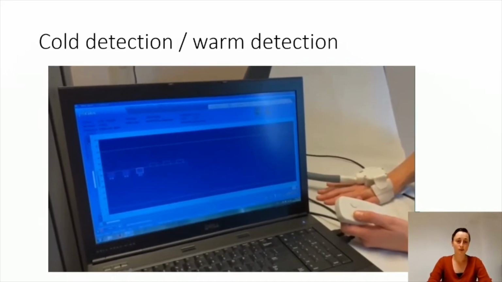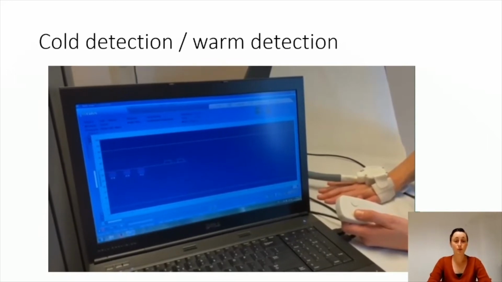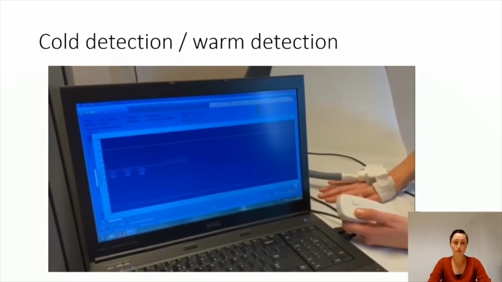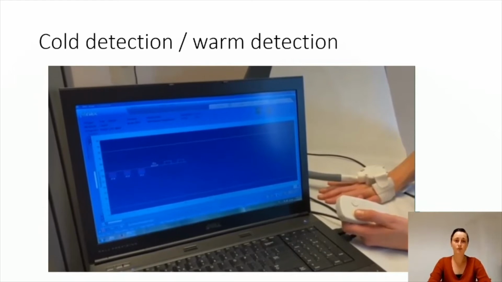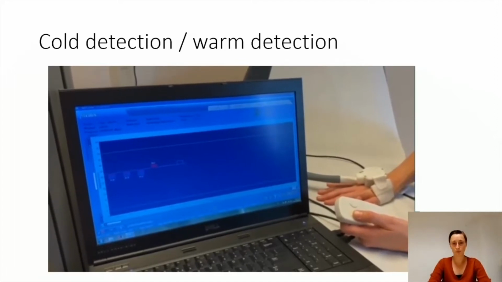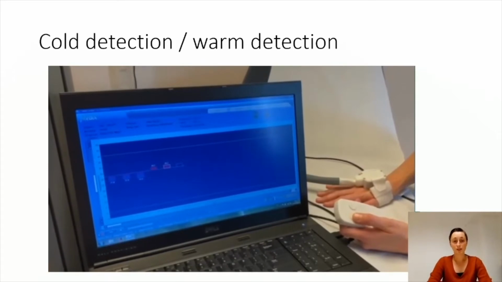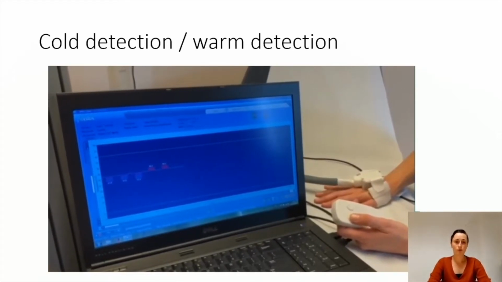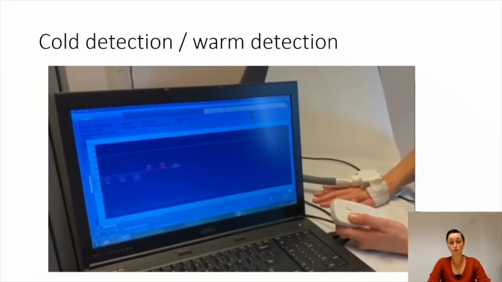After the tests, the thermode will immediately increase in temperature, and the subject is instructed to press the button whenever the warm temperature is being felt. In this way, you can easily and quickly obtain several cold detection thresholds and warm detection thresholds within a single test.